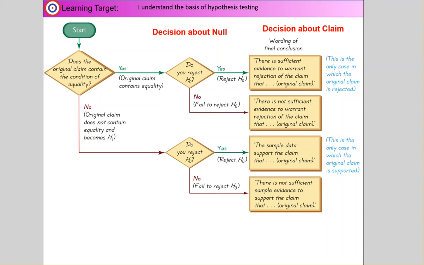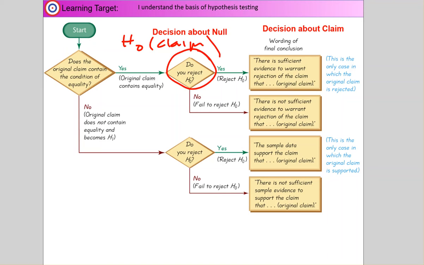So we have our original claim, and then in this case, when we reject, our original claim was our null hypothesis. So when we wrote our null, we wrote that as the claim. And then if we reject it, we could say something, there is sufficient evidence to warrant rejection of the claim that, and then we restate the claim.